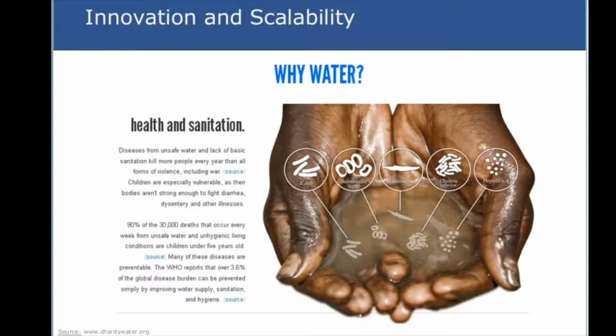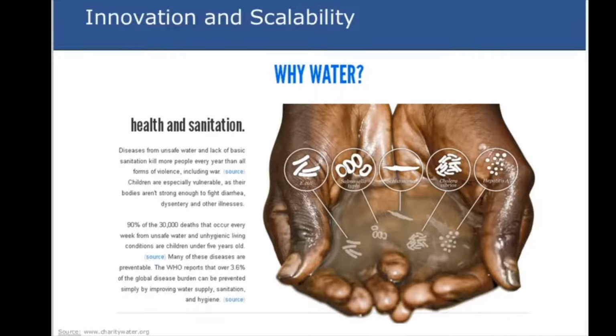When you see the diseases that they're listing on the top there, you see a human being's hands with filthy water, knowing that this person is going to be actually drinking this. It pulls on the heartstrings right away, and it's very, very important.